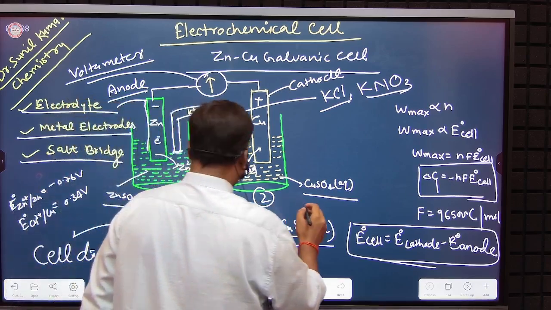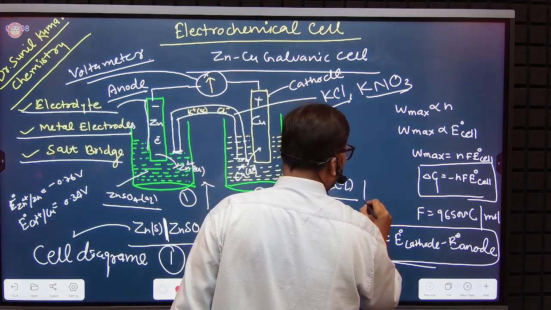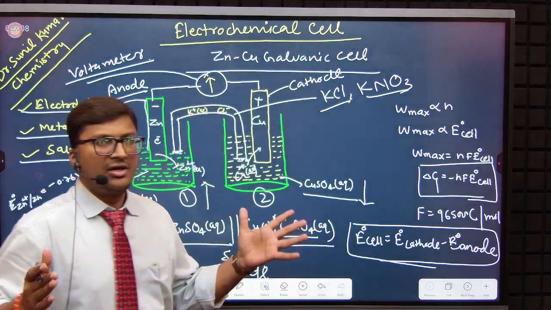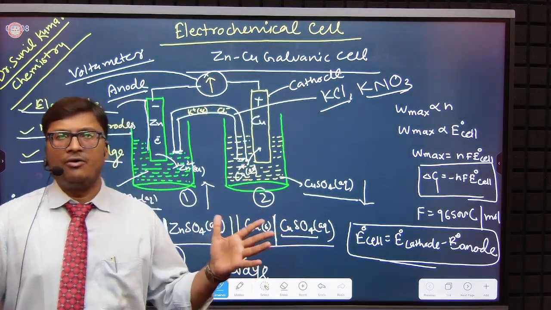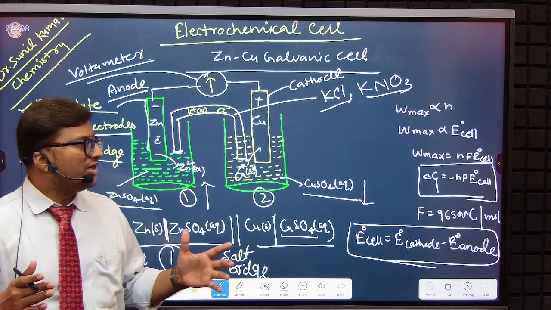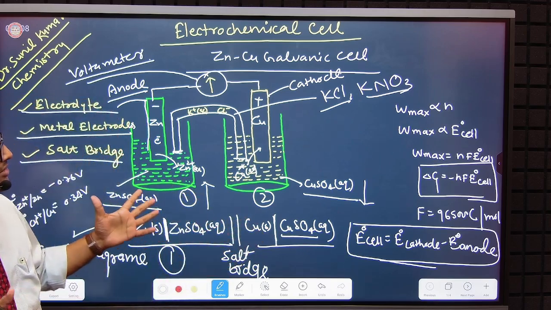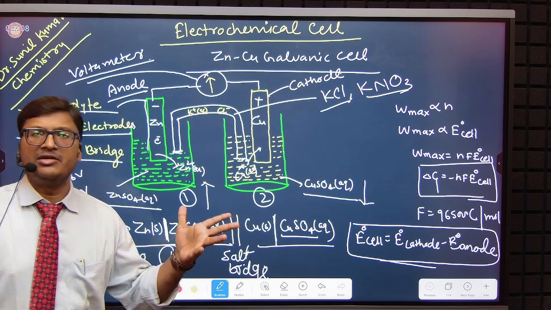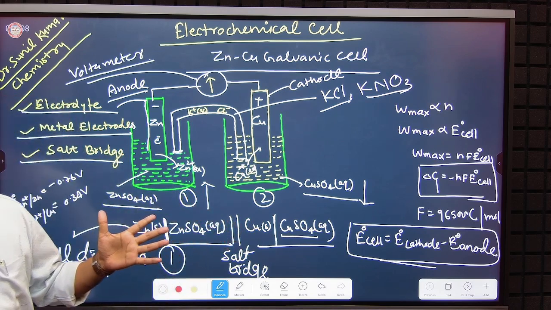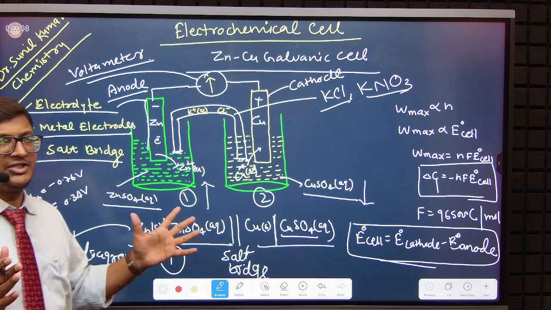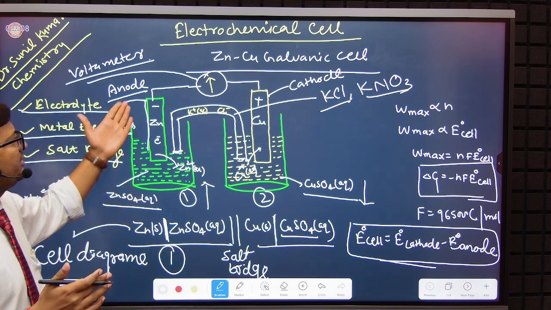Here copper sulfate solution decreases. So this difference of solutions creates a potential difference, and that potential difference is responsible for the movement of charge, that is electrons, through the external circuit.